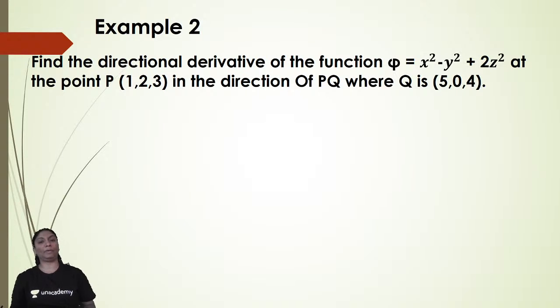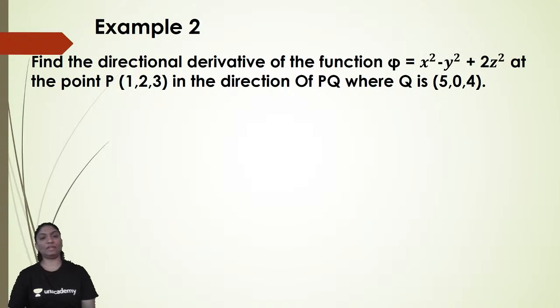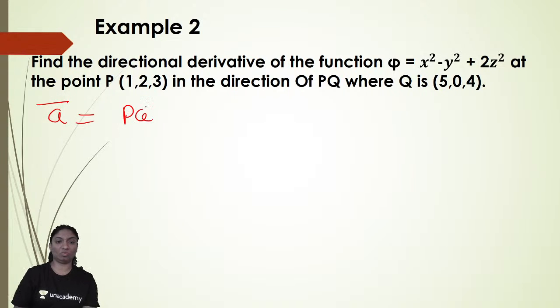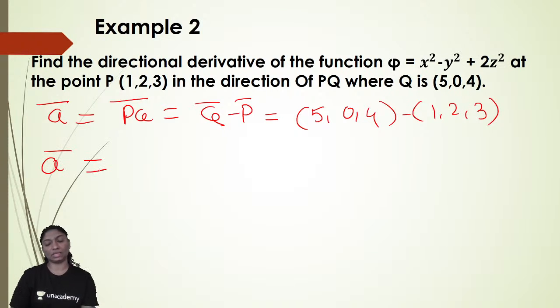Okay. So here is the second type of example where vector a bar is not given but the points are given. So here you will get vector a bar is equal to PQ bar is equal to Q bar minus P bar, which is equal to 5, 0, 4 minus 1, 2, 3. We get vector a bar is equal to 5 minus 1, that is 4, 0 minus 2 is minus 2, 4 minus 3 is 1.